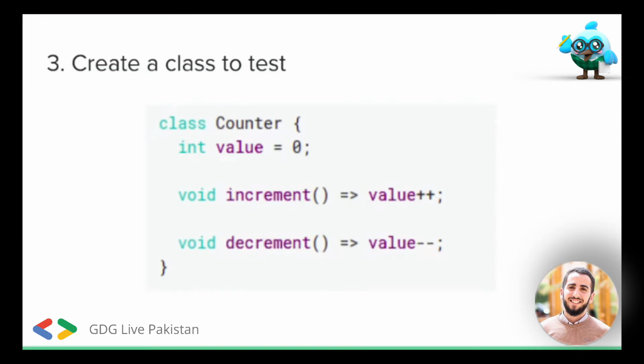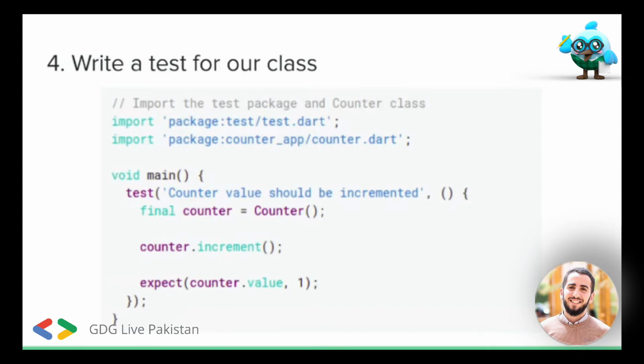So after that, fourth, we need to write a test for our class. Now, in this step, we will start to write our first test cases for our class. Inside the counter_test.dart file, you can write your first unit test.